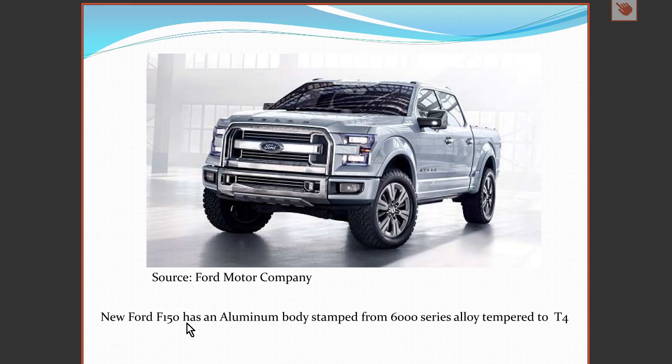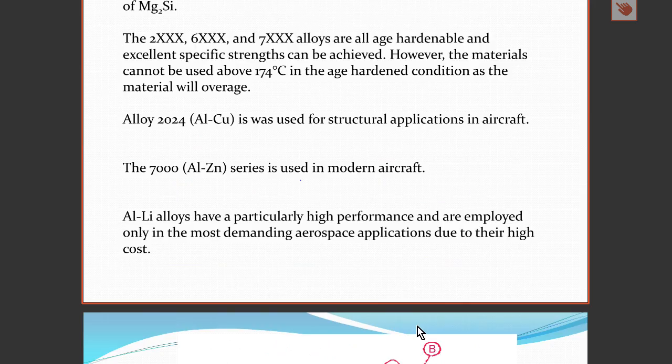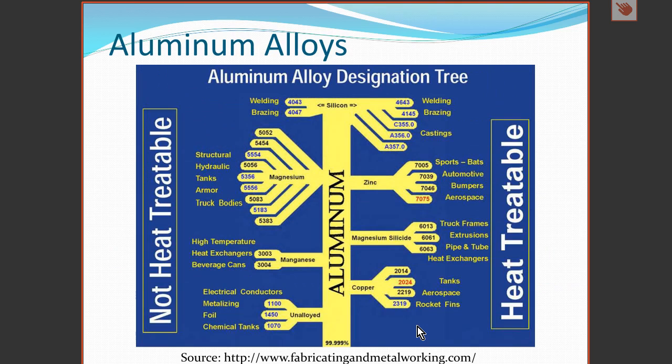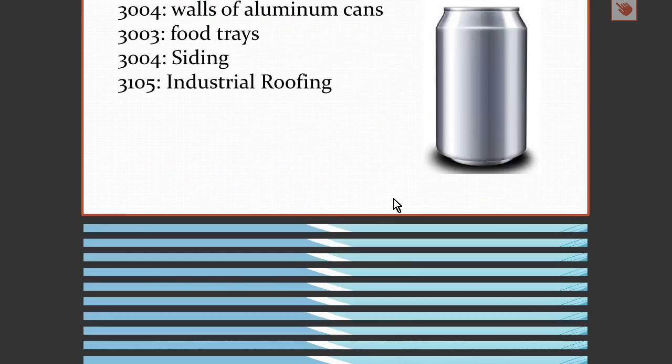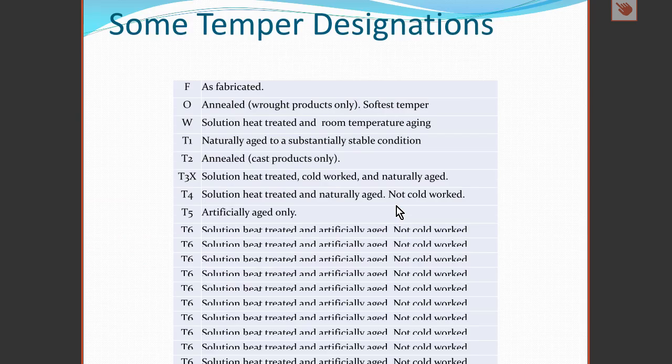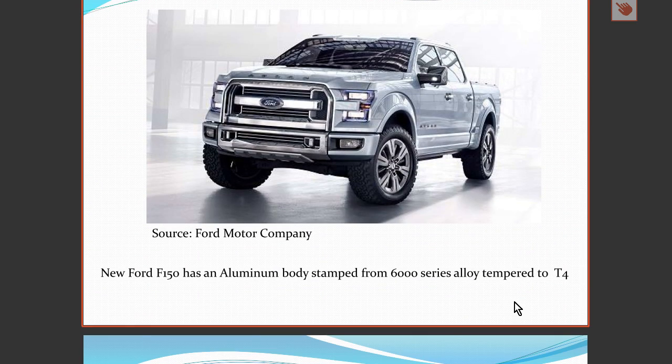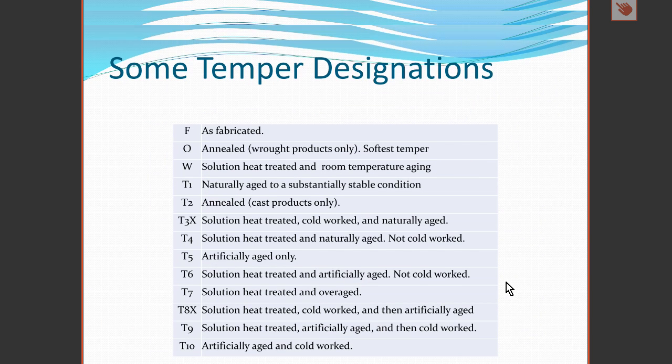An example here is the new Ford F-150 has an aluminum body that is stamped from a 6000 series alloy. So we can see what the composition of that is from here. So it's an aluminum silicide alloy, which has been tempered to T4.